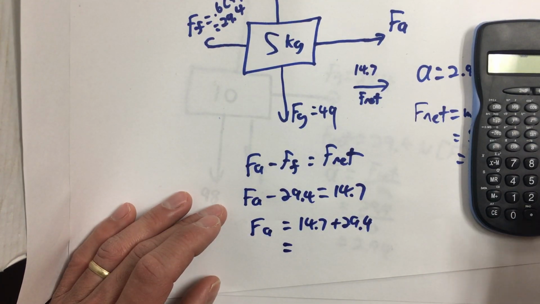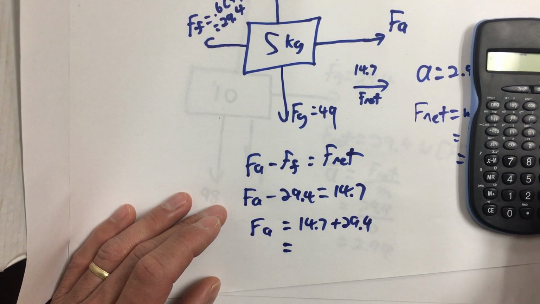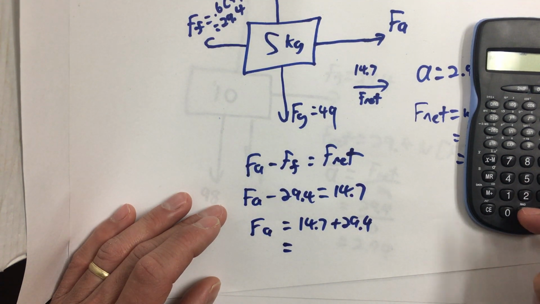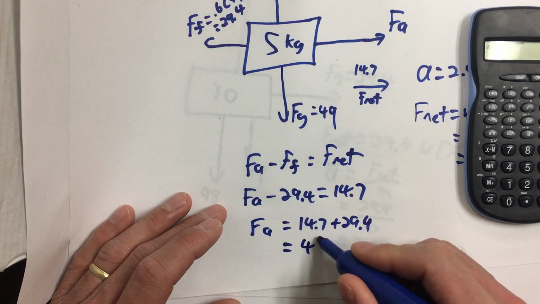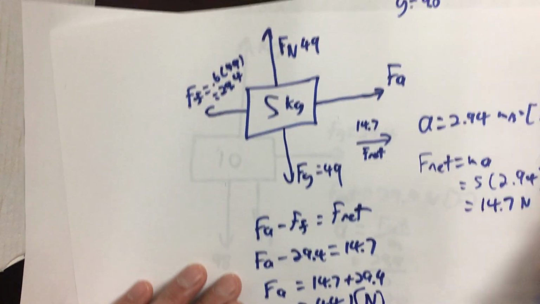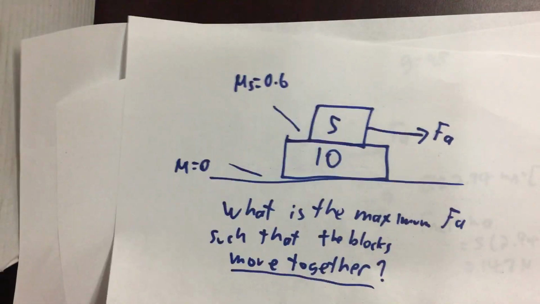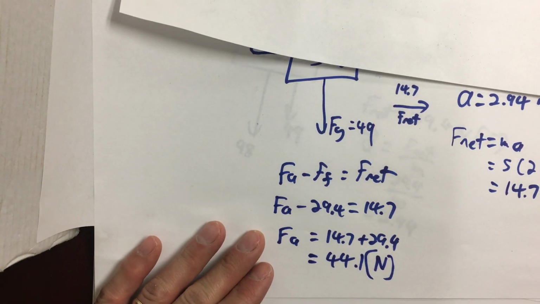So I've got 14.7 plus 29.4, and it gives us 44.1. So the greatest force that we could apply to the top block, such that these blocks don't slide apart, is 44.1 newtons.